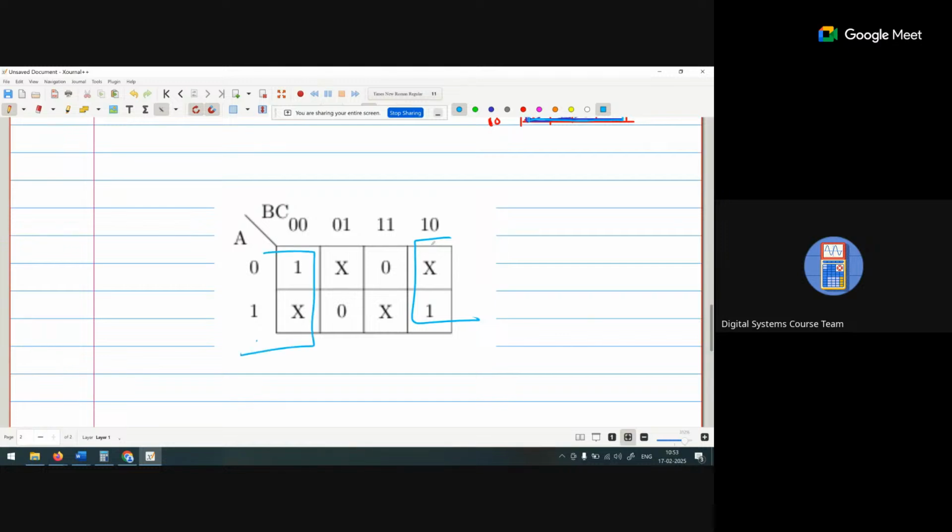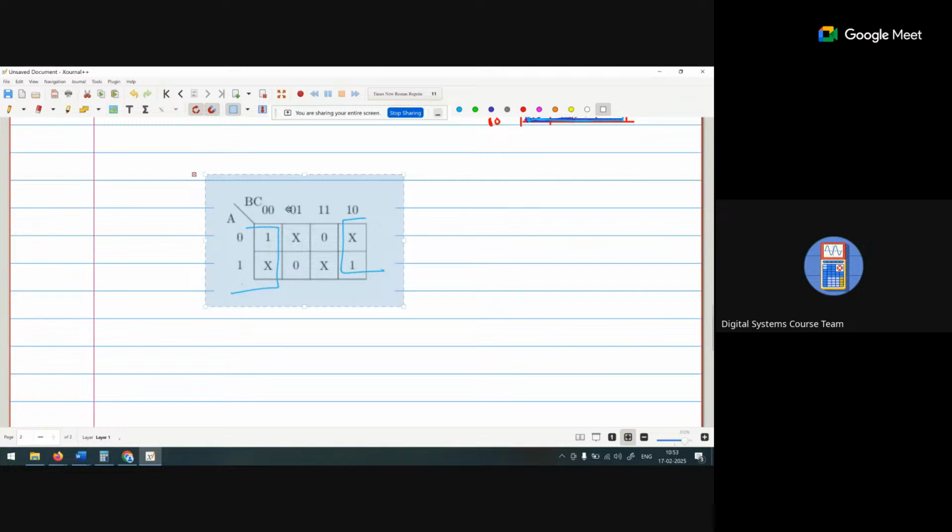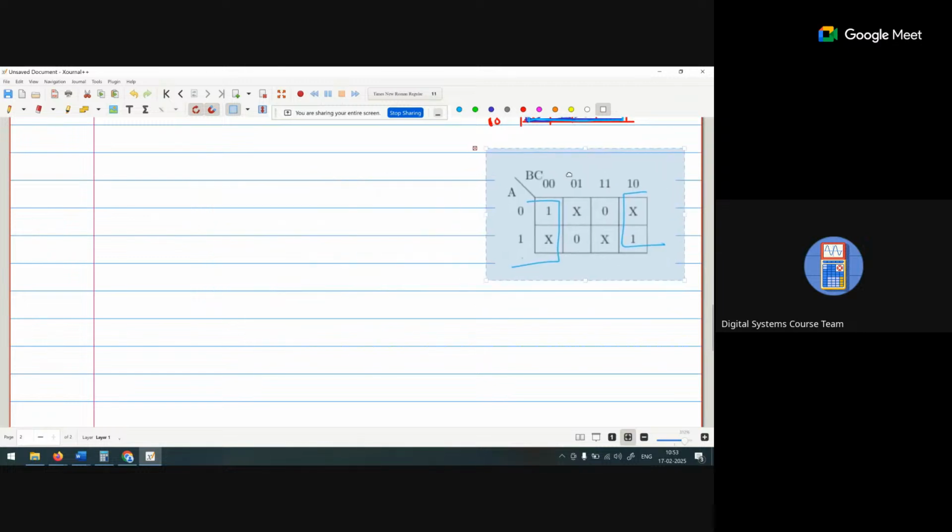Remaining there are two don't care conditions, but they are not a considerable part because we have already covered all the minterms. So one group is created. Okay, now clear? This is how we define the grouping.